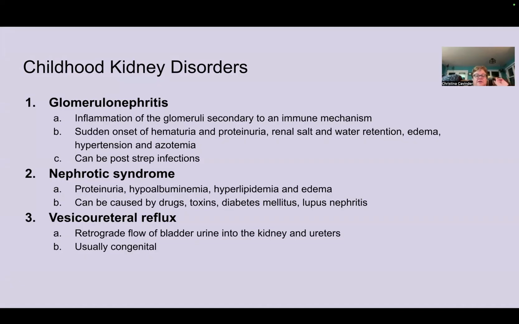And vesicoureteral reflux means where you have retrograde flow of urine back into the kidneys, or basically a flux of urine from the bladder up. And this is usually congenital. Like I said, now they do so many ultrasounds of moms, so they see it early on. So when the baby is first born, if we know about it, a couple days later we'll do an ultrasound and see if there is hydronephrosis or enlargement of the renal pelvis.